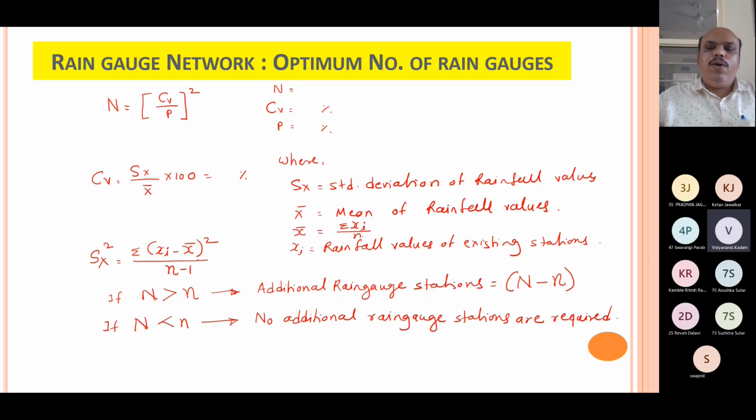Is it clear? So all of you note down this slide. Already you have noted down the formula for N and notations used in this formula, its meaning. So now you note down CV, Sx square formula, x bar formula, and you write what if N is greater than small n? What if N is less than small n?